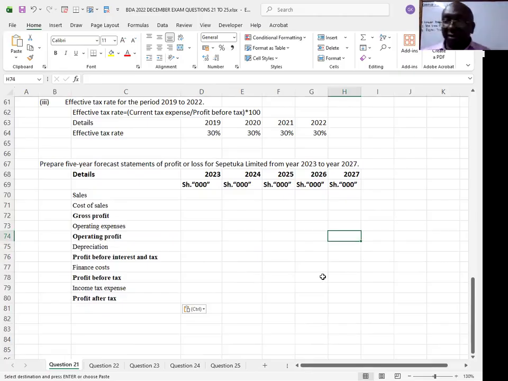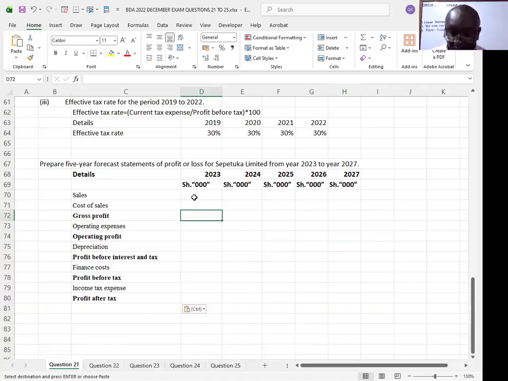Let's do the formulas of how these things will be. We know here we will have the sales. Here we have the cost of sales, and this will be the gross profit.